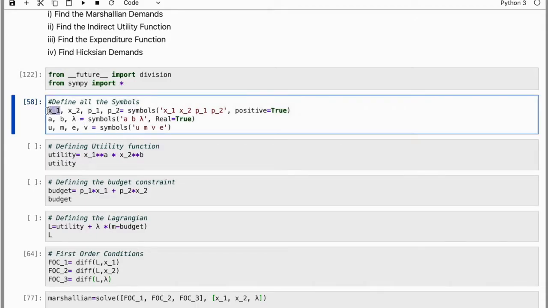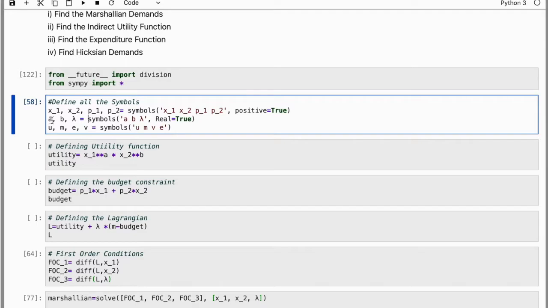So I have the two goods x1 and x2, their prices p1 and p2, and we know that in economics we only work with the positive quadrant. In other words, our choice of goods cannot be negative, and the prices cannot be negative as well. So I'm forcing these symbols to be positive.